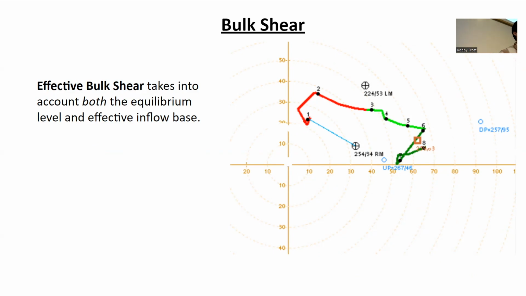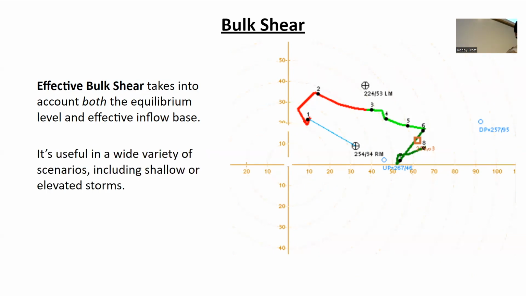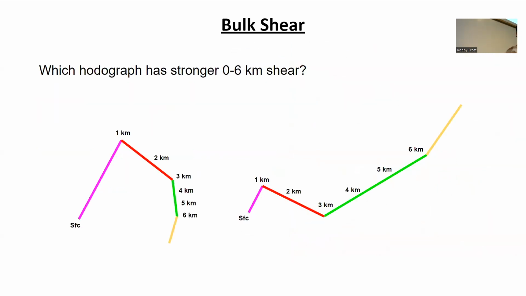This makes it really easy to say, what is our bulk shear today? I don't even want to look at the skew T. This is going to give you a pretty good first guess, and it's useful in a wide variety of scenarios. So we could do this one here. Which hodograph has stronger 0 to 6 kilometer shear?